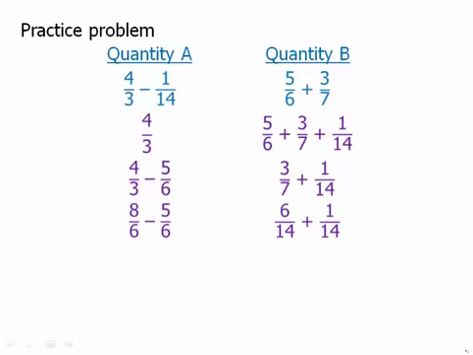And then we get very easy subtraction. On the left, in quantity A, 8/6 minus 5/6 is 3/6, which is 1/2. In quantity B, 6/14 plus 1/14 is 7/14. That's also 1/2. Magic, magic. These two quantities turn out to be equal. And so the answer is C.